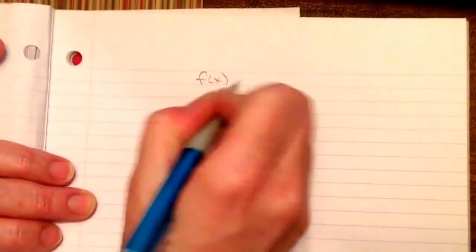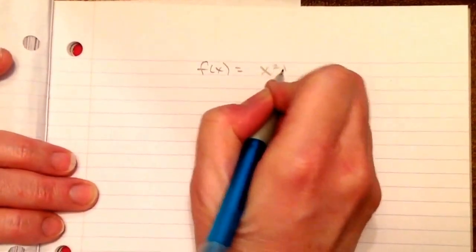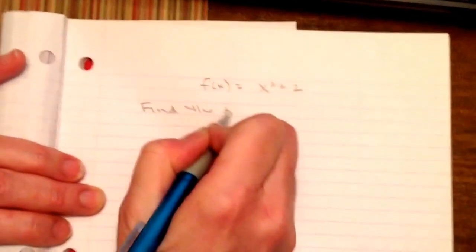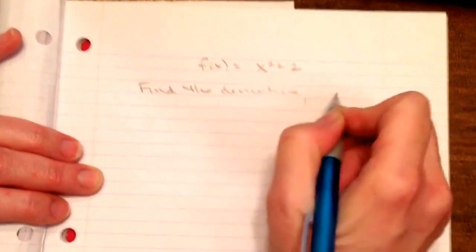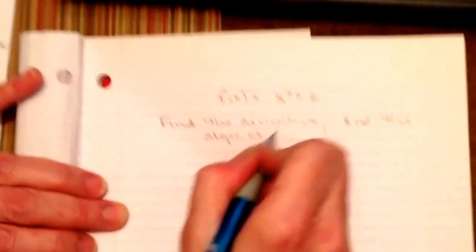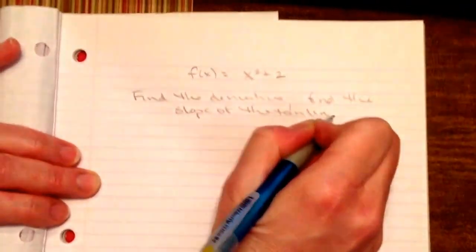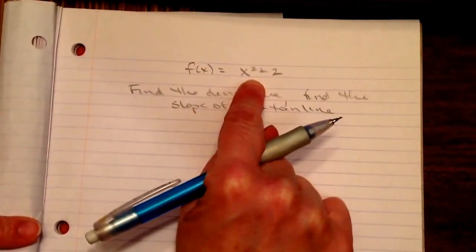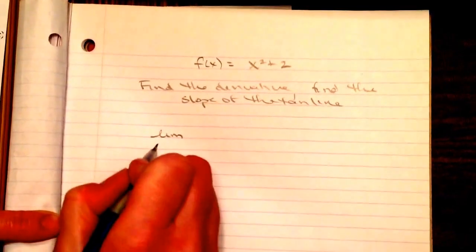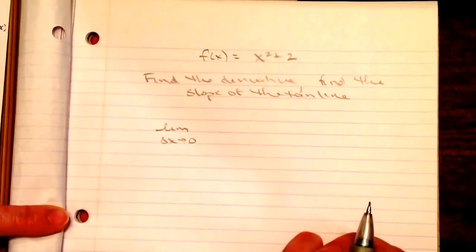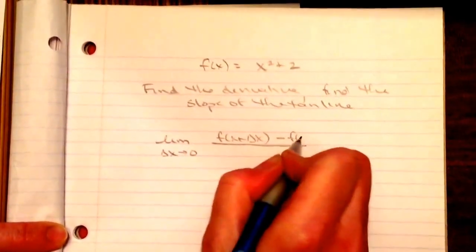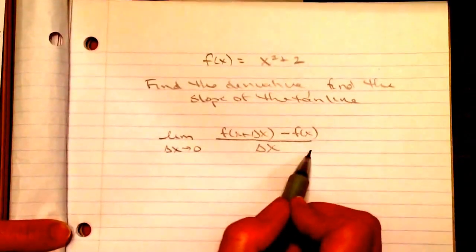If you had a function like x squared plus 2, and I wanted to find the derivative or find the slope of the tangent line for that function, what I want to do is do the limit as delta x approaches 0 of f of x plus delta x minus f of x all over delta x, the difference quotient.